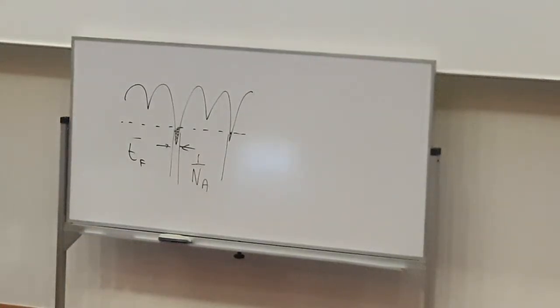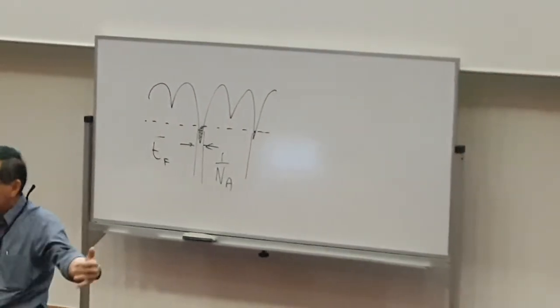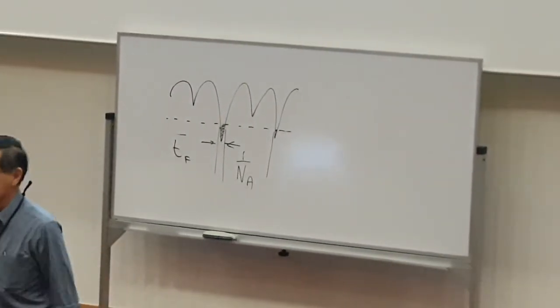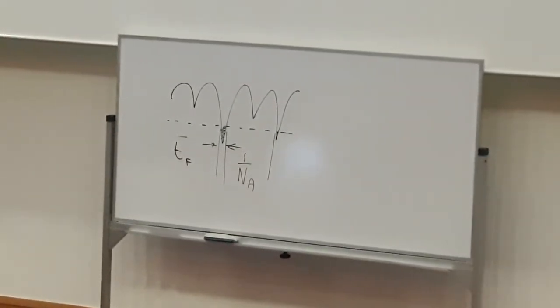So what's the probability of fade? This divided by this, right? Example: if the time between fades is 10 seconds, and the time in the fade is 1 second, what's the probability of fade? 1 over 10, right?